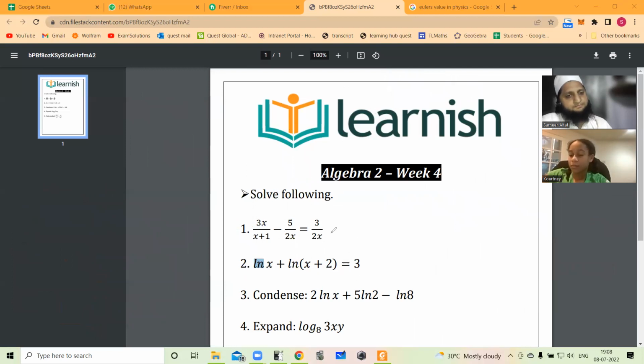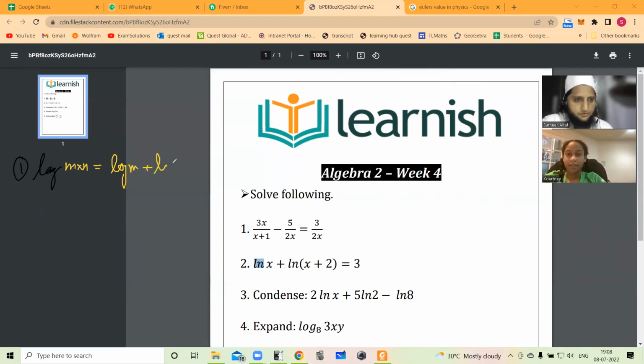Okay, what was the first rule of logarithms which I told you? It was log of m times n equals log m plus log n. Right. And if the question is log m plus log n, then can't you write log of m times n? Yes. So what is question number 2 here? Same thing.